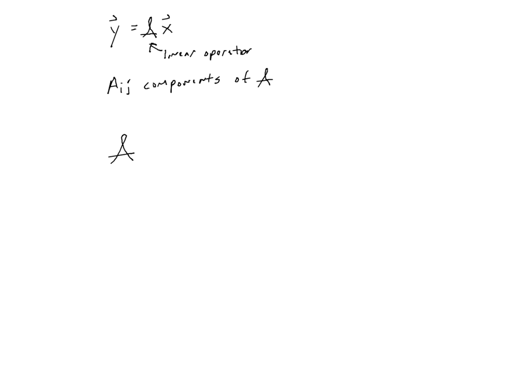And so if we write this out, this is equal to, say, A11, A12, all the way over to A1n. And then you can go down, let's say A21, all the way down to AM1, and then AMN.